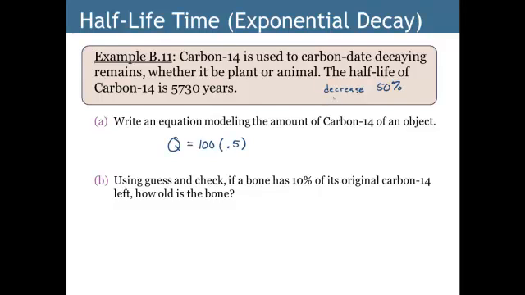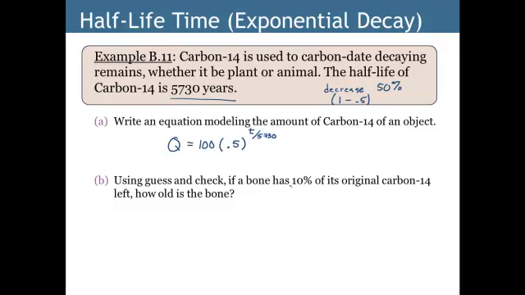So in our equation, that would be 1 minus 0.5, which ends up being 0.5 down here. To the t, but this decrease happens every 5,730 years. So I need to adjust my t value to match that. Okay? So again, we don't have a percent here. They gave us a half-life time. And so you have to use that half-life time to adjust your t value.